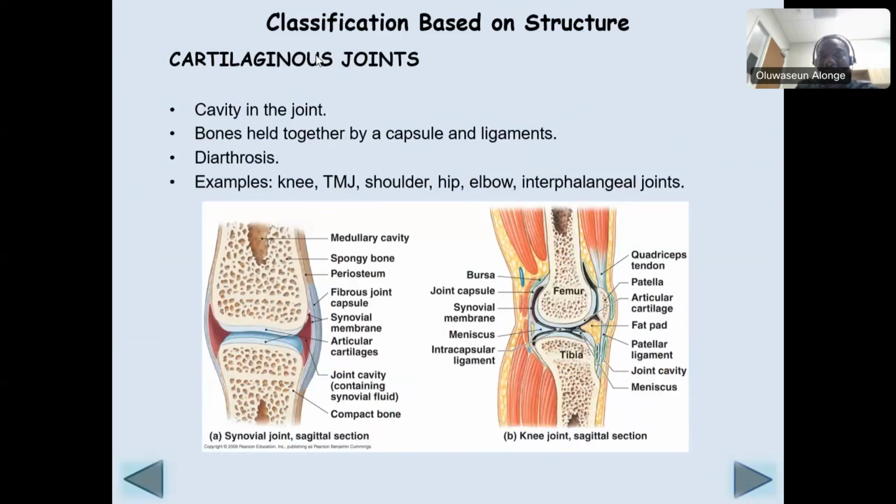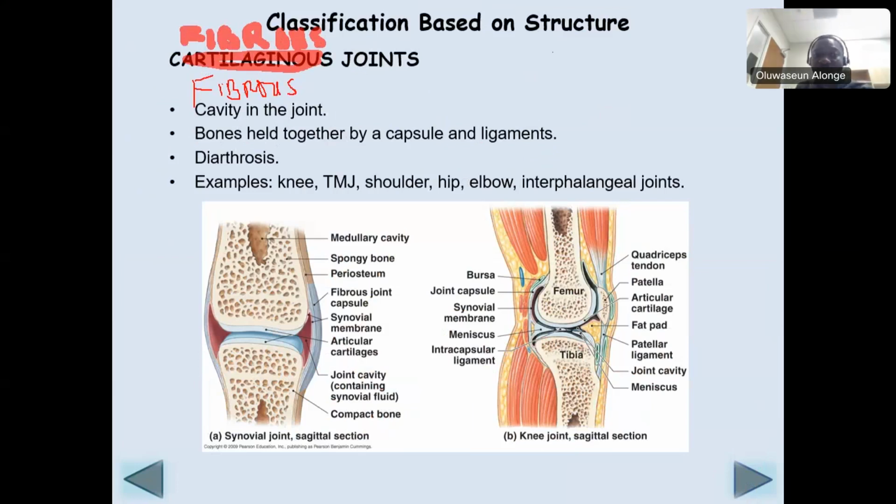Now, this actually is an error. Here is fibrous joint. All right. So here we have fibrous joints, not cartilaginous. So fibrous joints, they have cavity in the joint.